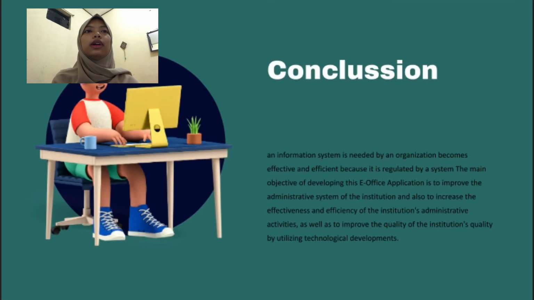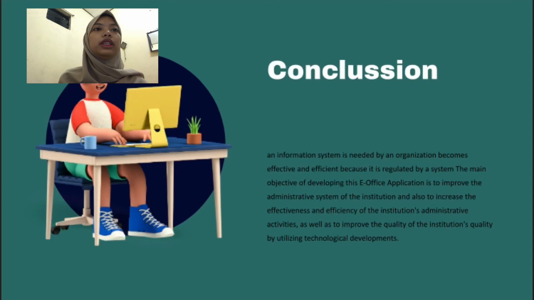Okay, so I will explain about the conclusion of this journal review. The conclusion is that the development of information technology has an impact on the emergence of various types of activities based on technology, such as in this journal, e-office.